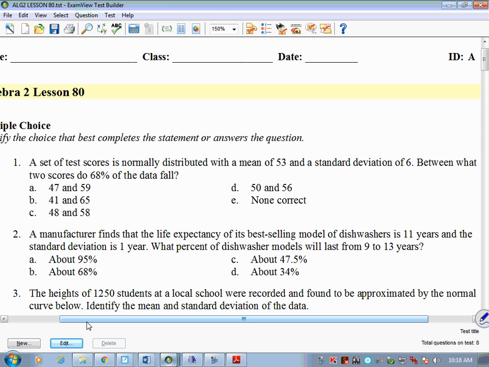So I need to subtract 6 from 53, and I need to add 6 to 53. What's 53 plus 6? 59. And what's 53 minus 6? 47. So 68% of the data is going to be between 47 and 59.